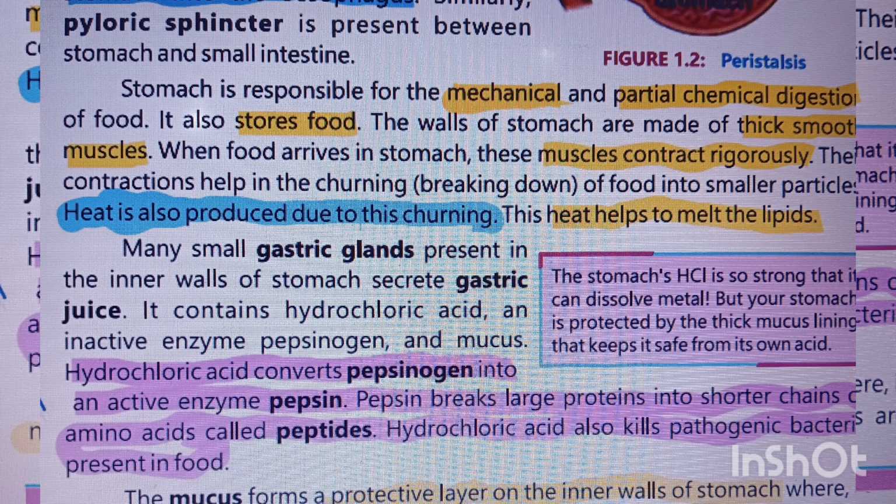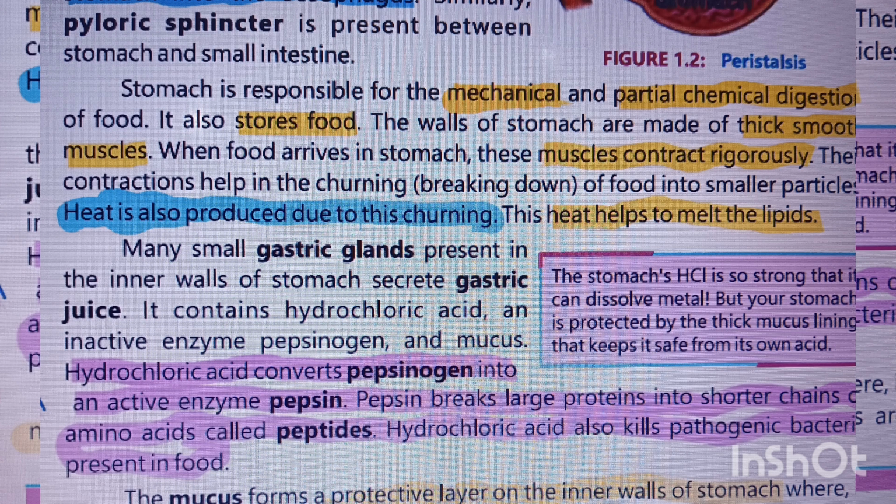The pepsin enzyme then breaks down larger proteins into smaller particles, which we call amino acids and peptides. So, hydrochloric acid also helps in dealing with pathogenic bacteria that are present in the food, as it helps to kill them.